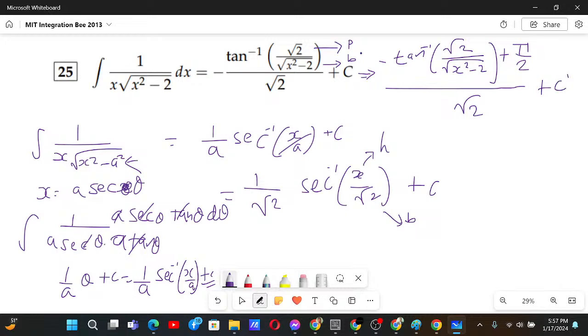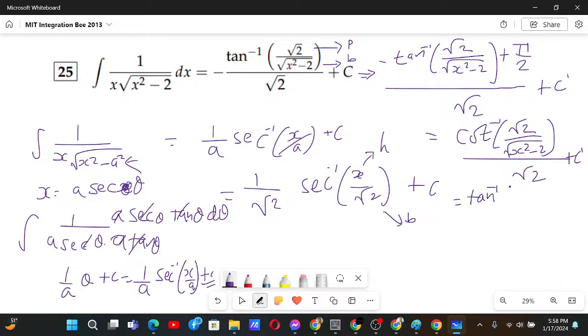Now pi by 2 minus tan inverse something is actually cot inverse something. So that is cot inverse root 2 by root under x square minus 2, by root 2, plus c dash. Now cot inverse something is tan inverse of 1 by something. So that will be tan inverse root under x square minus 2 by root 2, by root 2 plus c.